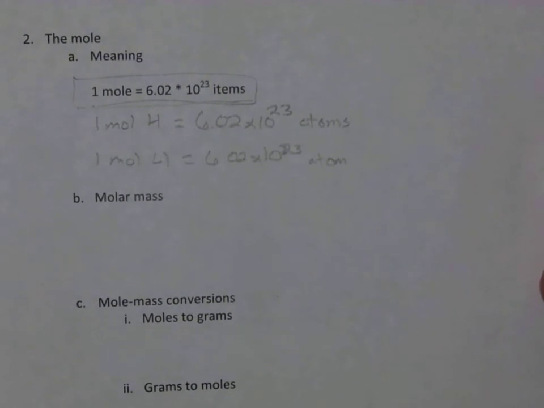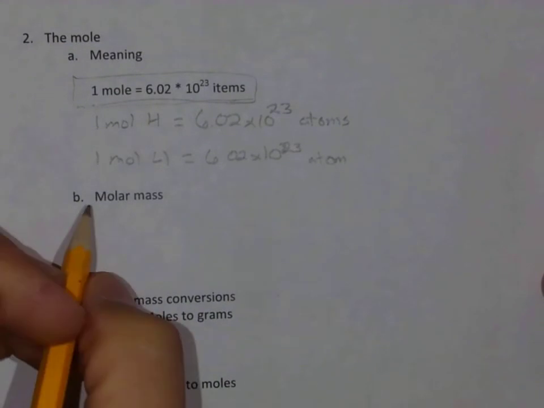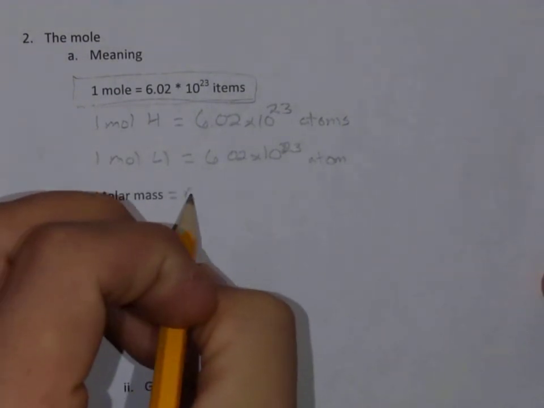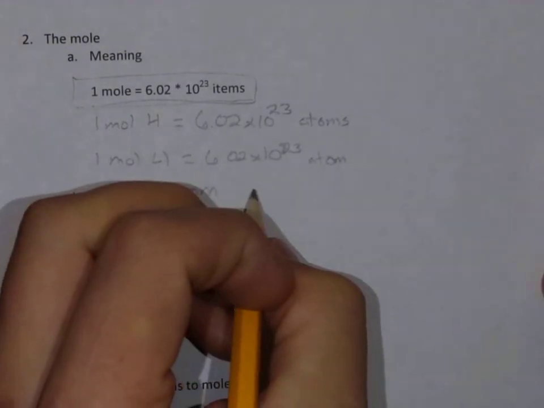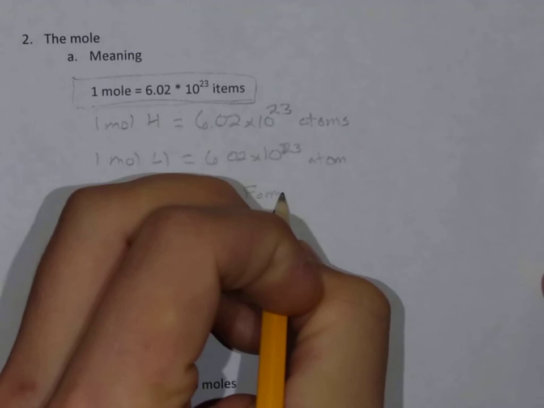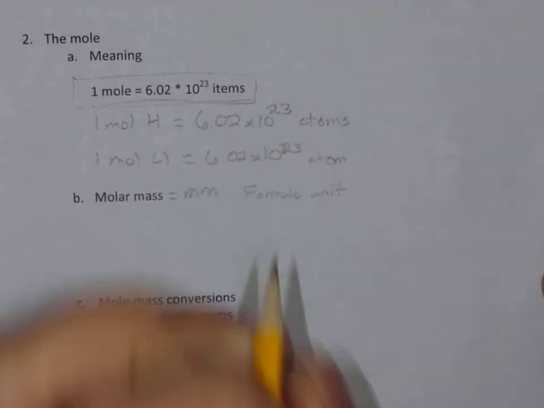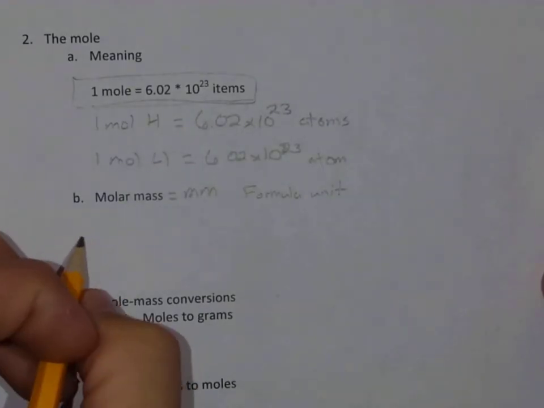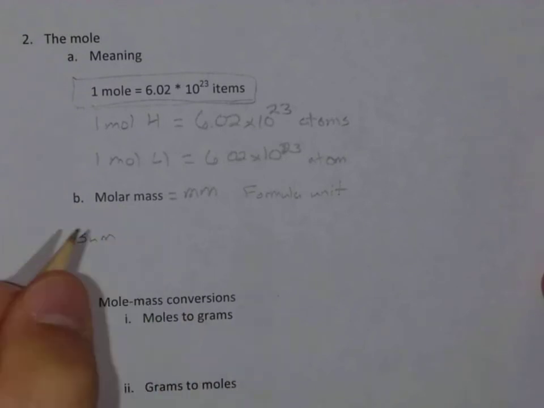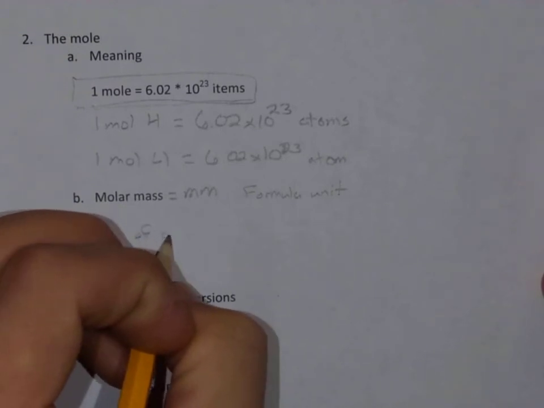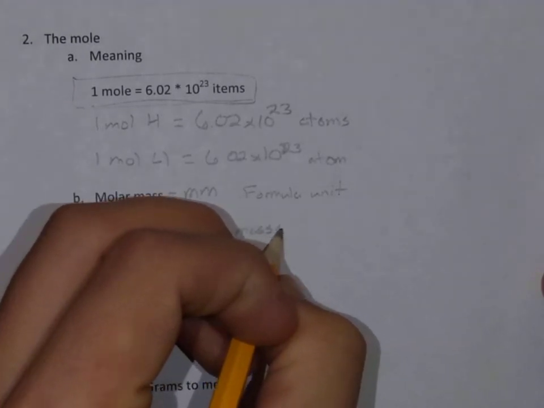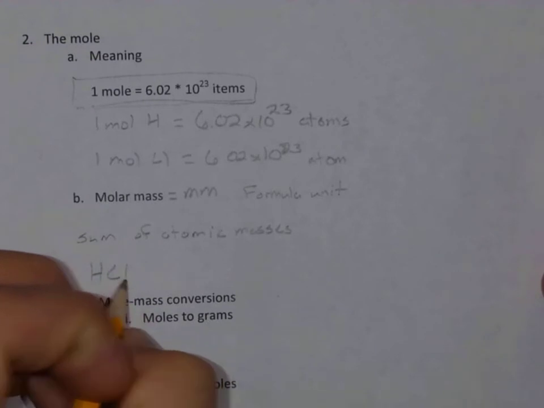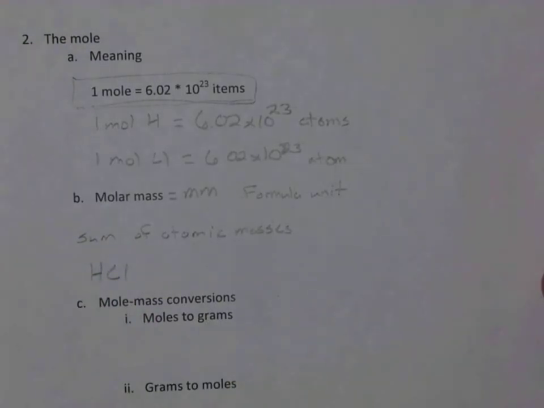So oftentimes we want to use our molar mass, which we'll most often abbreviate as mm. It can also be called the formula unit, and all it is is the sum of the atomic masses. Since I've used H and Cl, I'll say HCl.